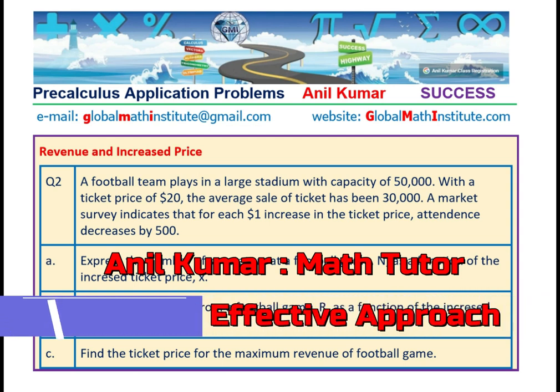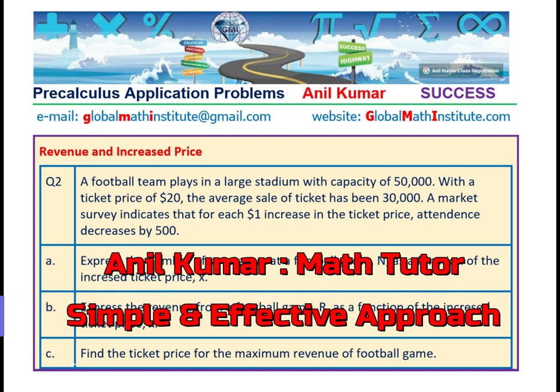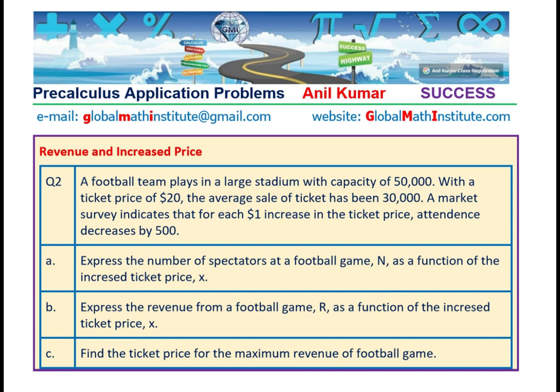A market survey indicates that for each dollar increase in the ticket price, attendance decreases by 500. Express the number of spectators at a football game N as a function of the increased ticket price X.